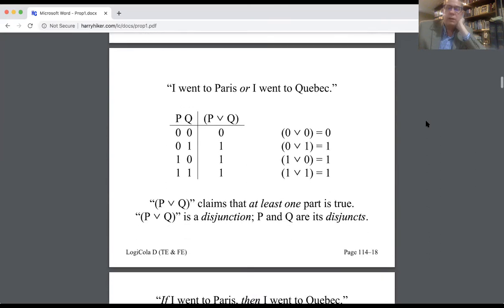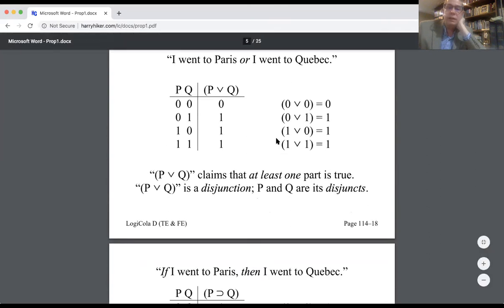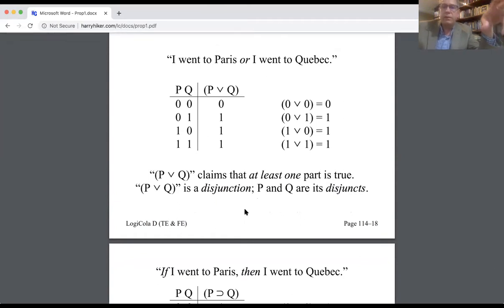The or sign is the V. It's called a disjunction, and its parts are disjuncts. It's a little less clear when you first look at it what the truth values should be, because in English we use or in an exclusive sense and in an inclusive sense.